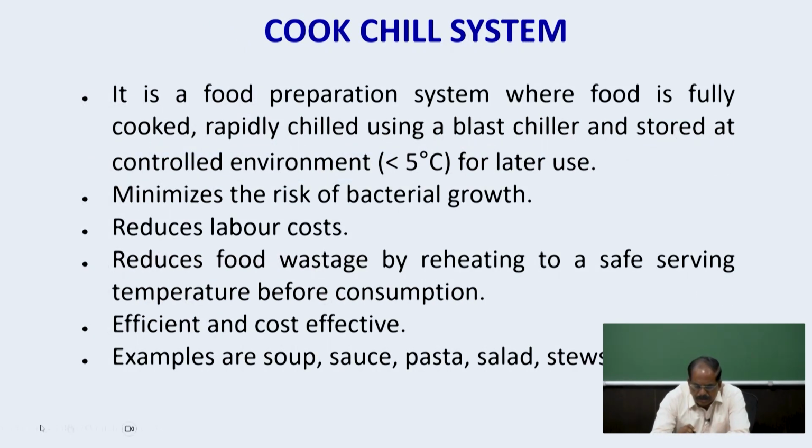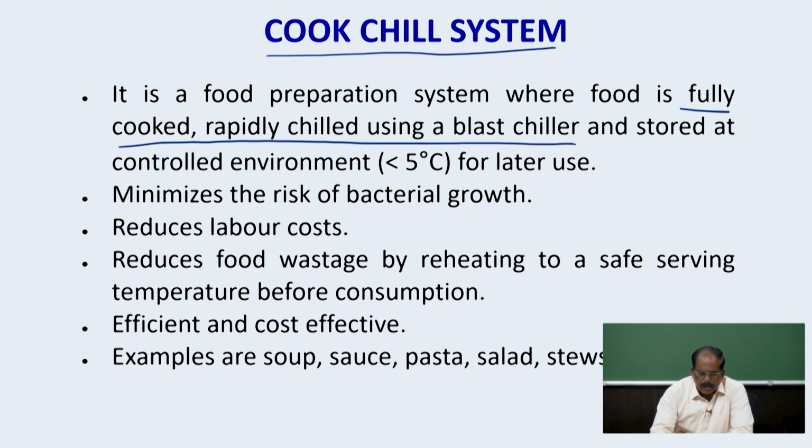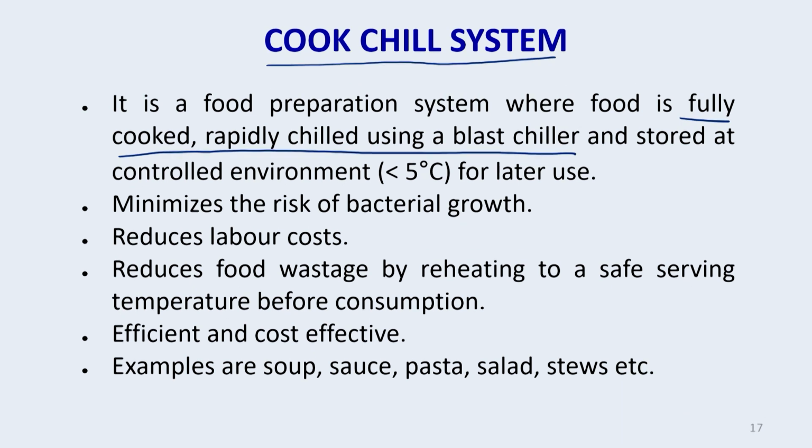Next one is cook chill system. It is a food preparation system where food is fully cooked, as the name indicates. It is fully cooked and chilled using a blast chiller, where the temperature of the controlled environment maintained is less than 5 degrees, sometimes 2 to 4 degrees centigrade.